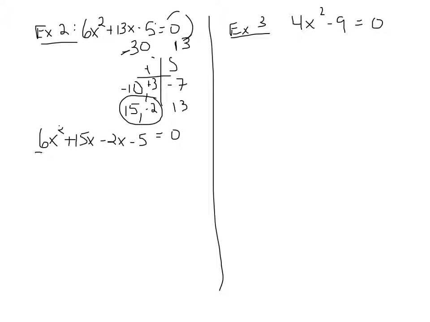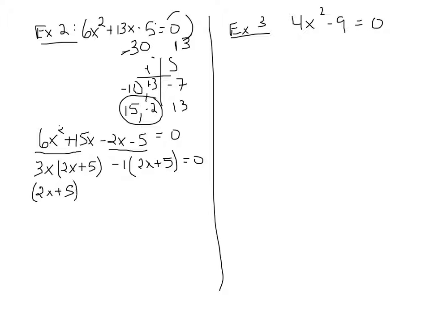And we'll use grouping to factor it. So 3x times 2x plus 5 minus 1 times 2x plus 5. Binomial GCF? Yes, there is. 2x plus 5, and what's left? 3x minus 1.